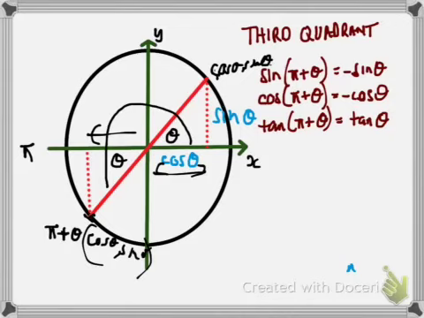Negative. So in this third quadrant, both sine and cosine are negative. Now tan, being defined as sine divided by cos, if sine and cos are both negative, and we divide them, we get what for tan? Positive. Hence we get a positive tan value there. So, summary, third quadrant: sine negative, cosine negative, tan positive.